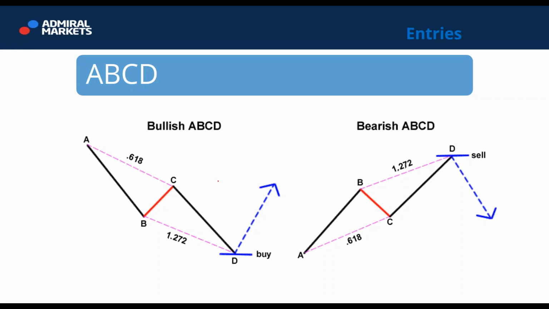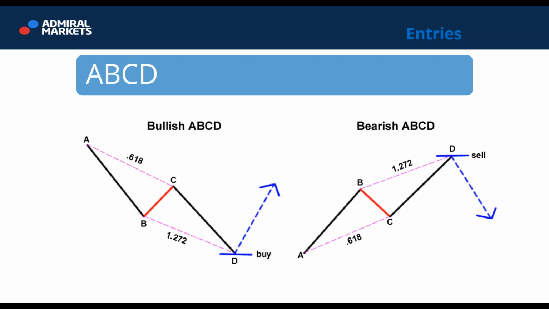The first thing is that distance between A and C should be like 61.8, and in bearish examples it can also be between 61.8, but sometimes, guys, it might differ, like 1.786 or something like 88.6, 78.6, but not less than 61.8.